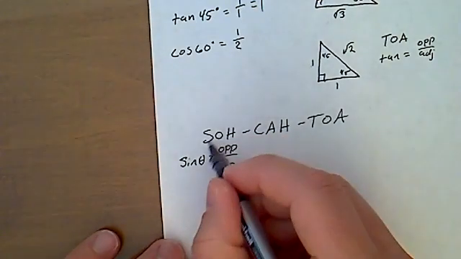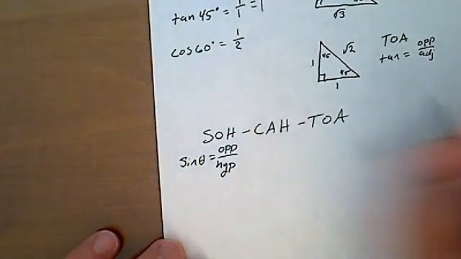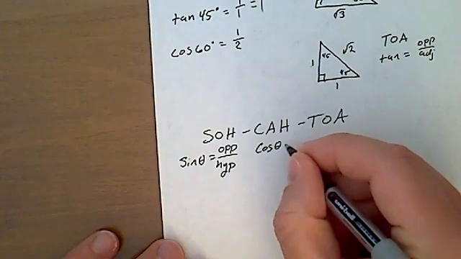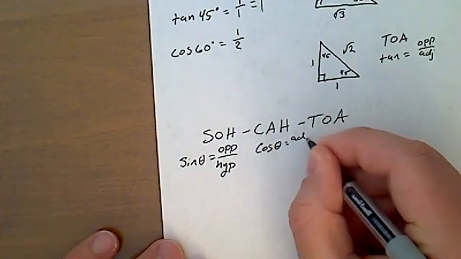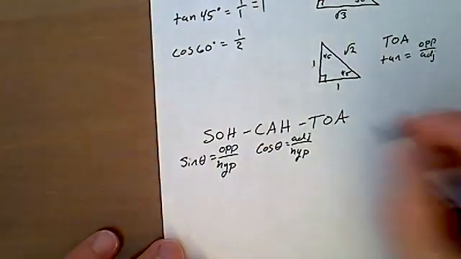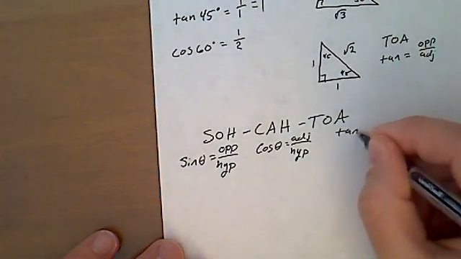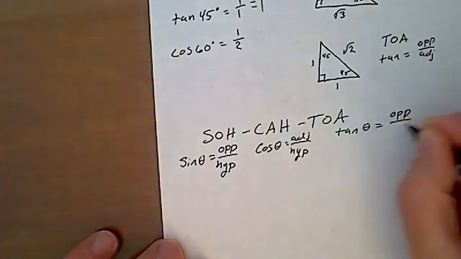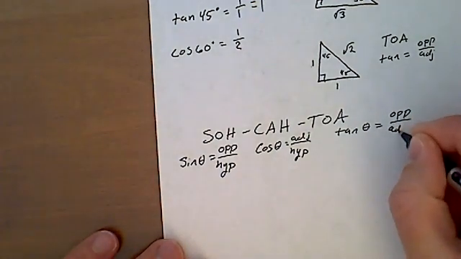So again, sine, opposite, hypotenuse. The cosine of some angle is the adjacent over hypotenuse. And the tangent of some angle is the opposite over the adjacent.